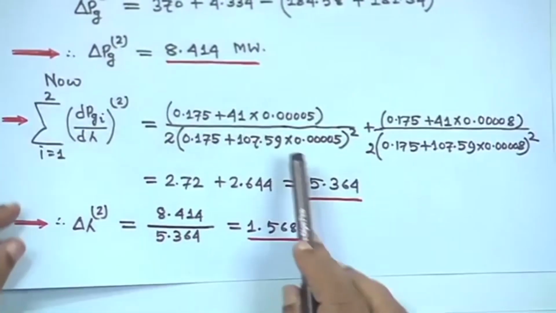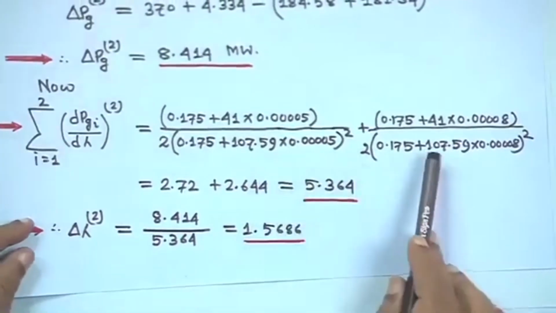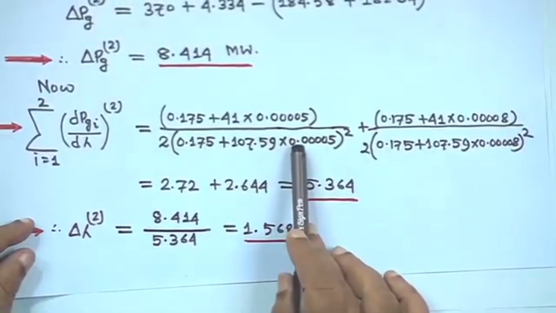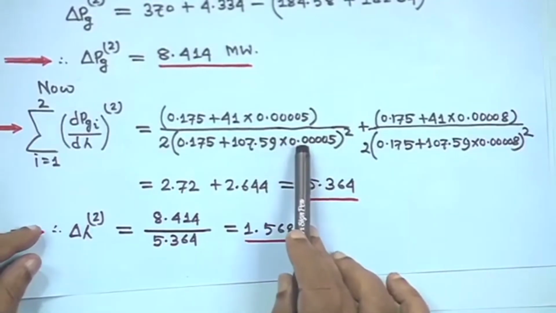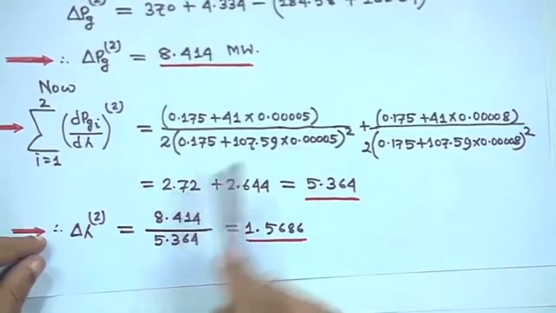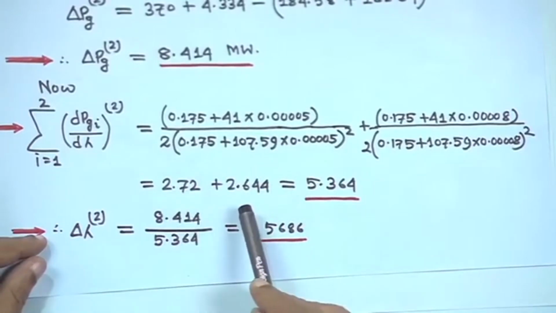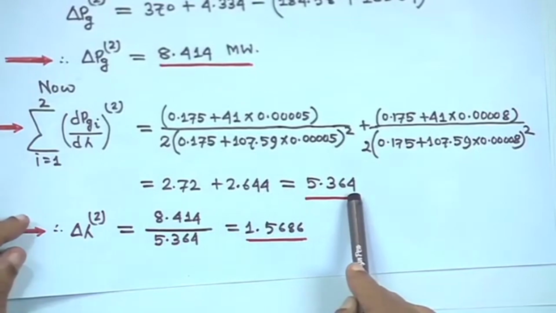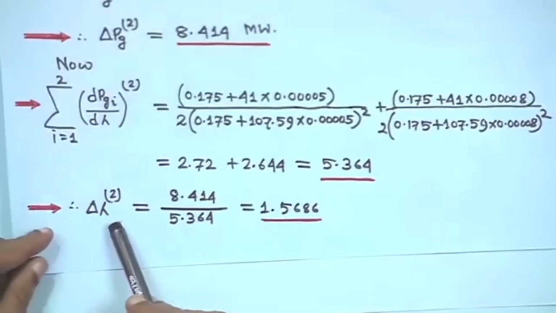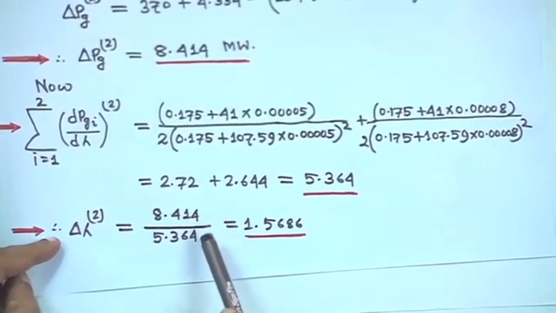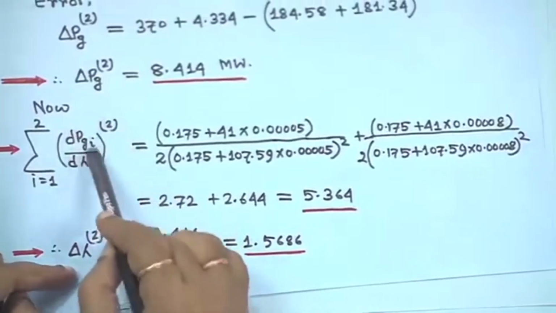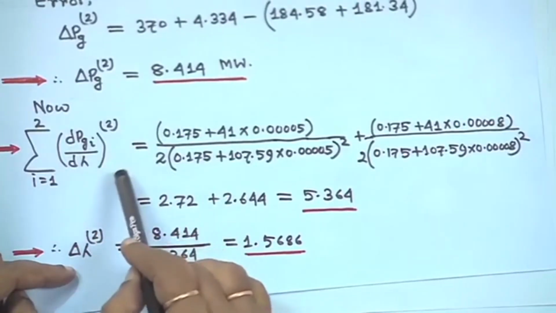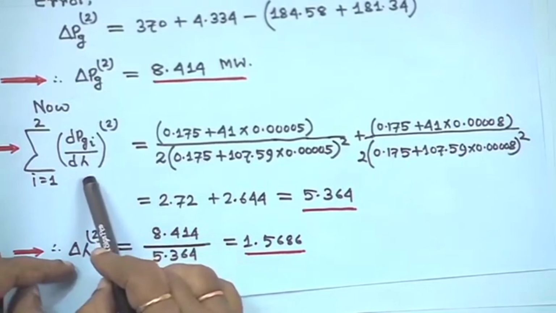Compute this term and this term, which have all been explained previously in the mathematical derivation. The first part comes to 2.72 and the second part is 2.644, so the total is 5.364. Delta lambda 2 will be delta Pg2 divided by this, basically df by d lambda equals delta Pg by d lambda.